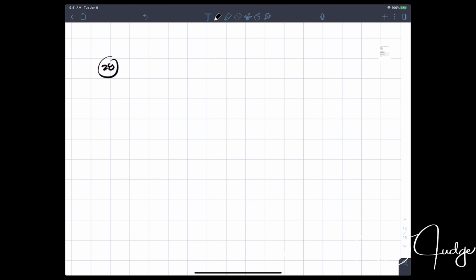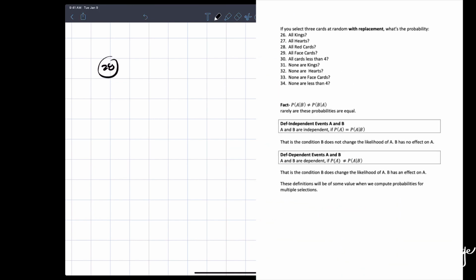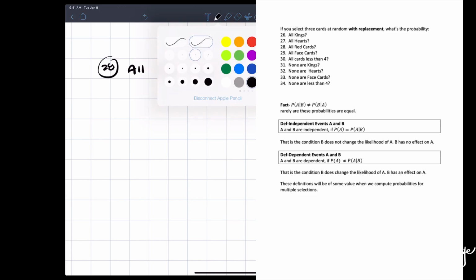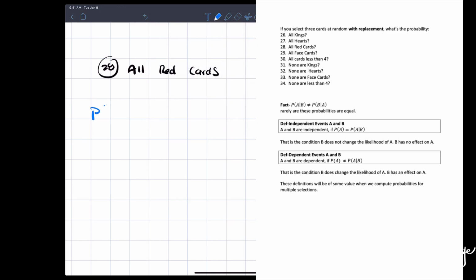For 28, they're going to want to know the chance of all red cards. That's the probability the first is red, and the second's red, and the third is red. So let's write this detail here.